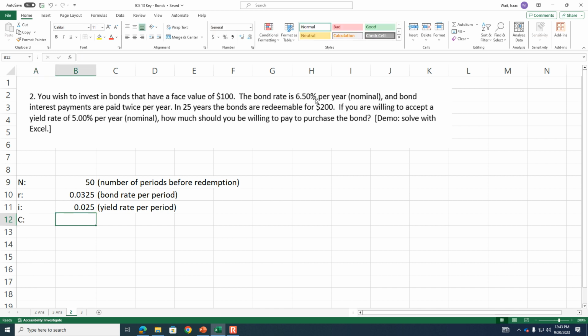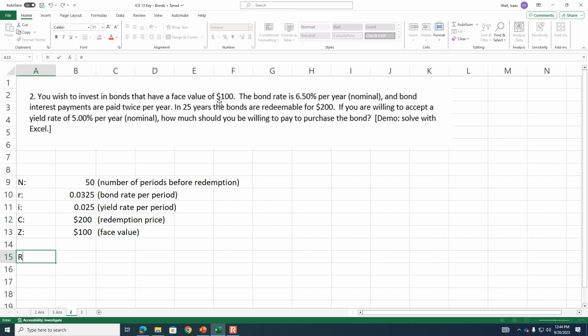Okay, C, which is defined as the redemption. The bond is redeemable, it says here, for $200. So 200. And Z, which is the face value. This bond has a face value of $100. All right.